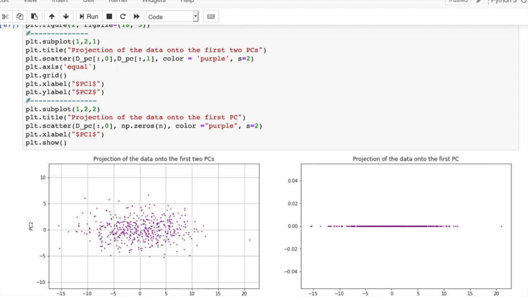This is the direction of largest variance. In the second direction, it does not spread so much. And if we choose only a representation by one principal component, then we get this one-dimensional representation where you see all points on one line on the first principal component.